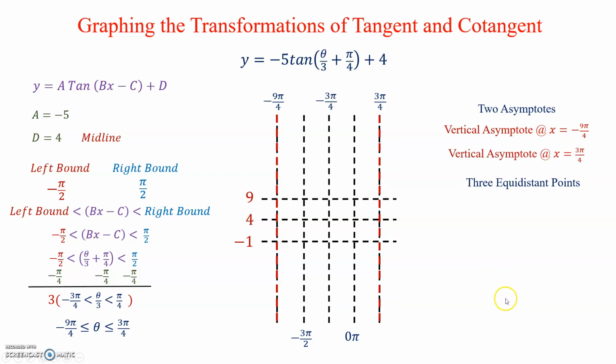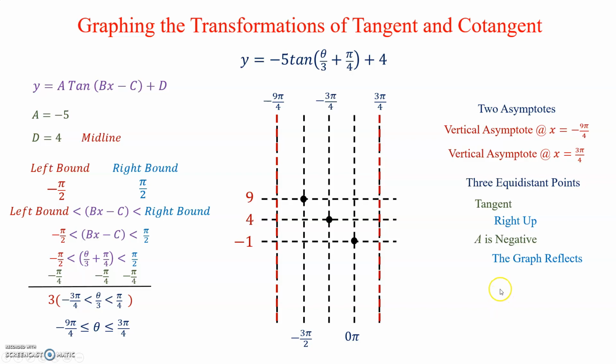The equidistant points, well, we're working with tangent. Tangent normally goes right up. But because the a is negative, the entire graph will reflect. So instead of being right up, it's actually the left side up. So I can plot those points.